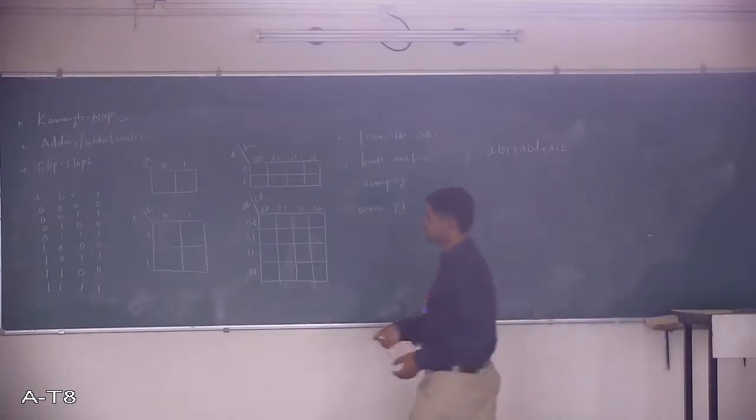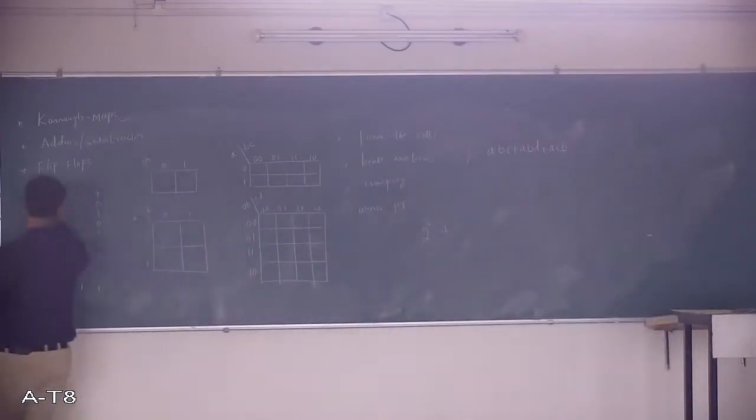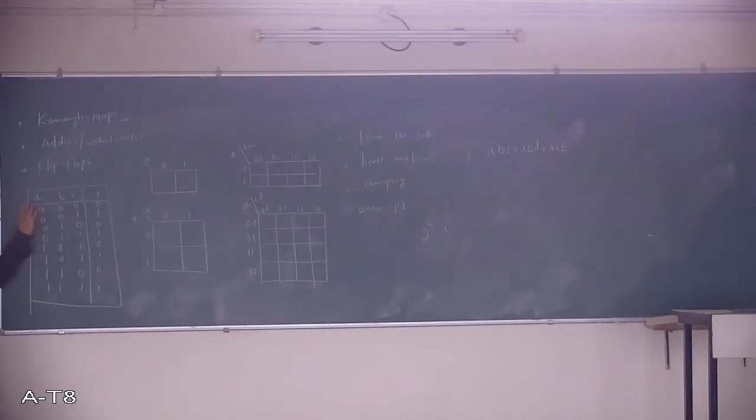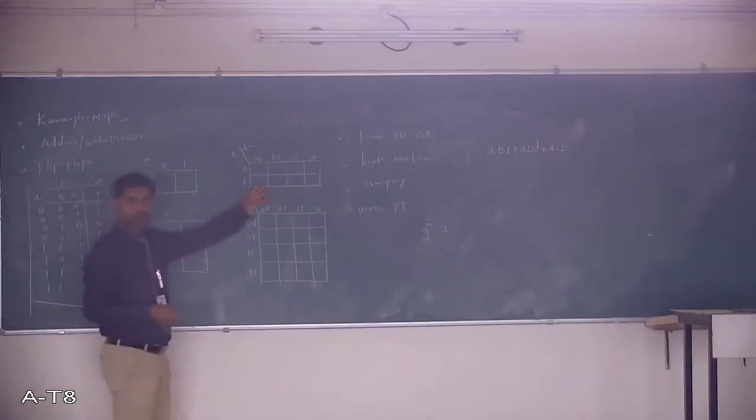One such example is written here. See here, A, B, C are the inputs. Y is the output. So inputs are 3, 2 to the power of 3, totally 8 combinations. So you should draw 8 cells.